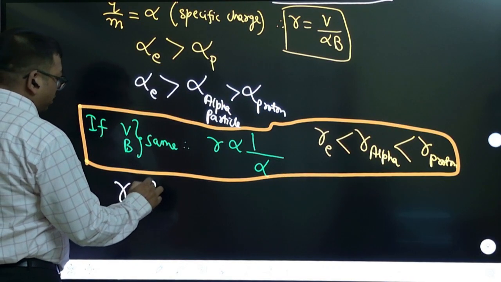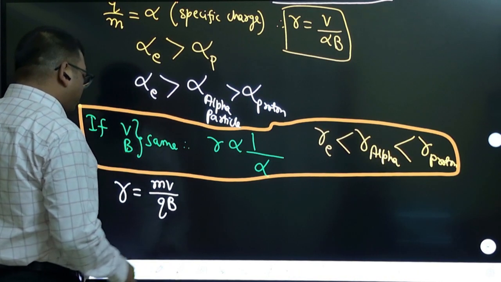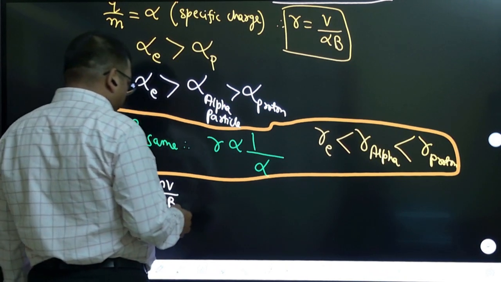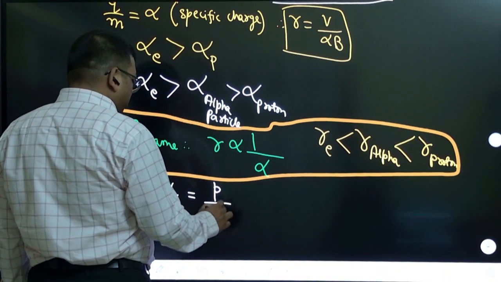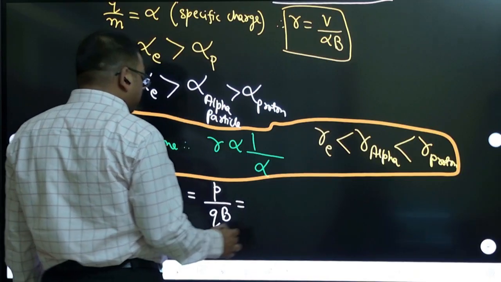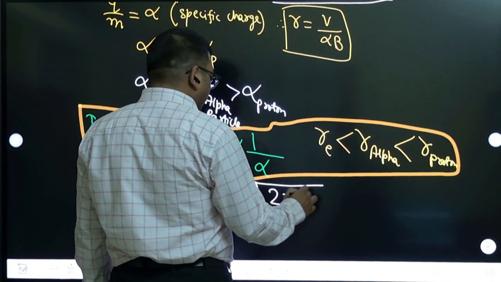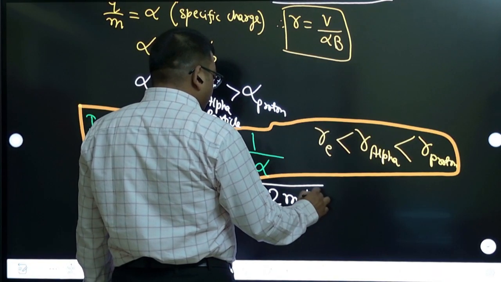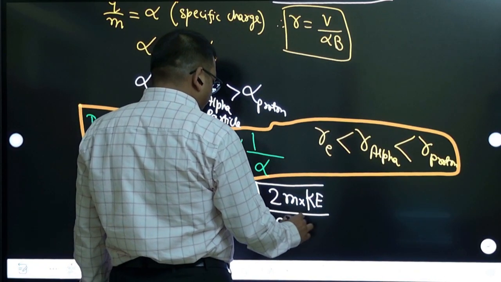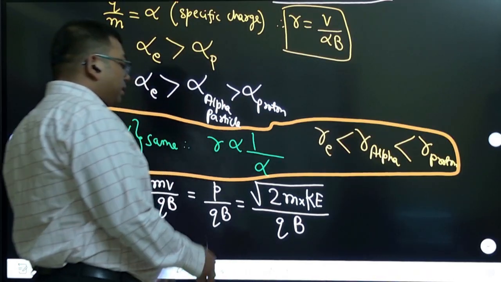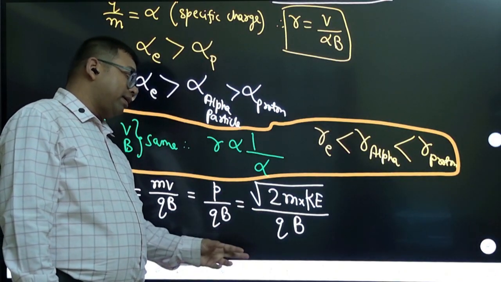Radius is mv by qB, and we can write this as momentum over charge into B. Momentum can be written as root under 2 times mass into kinetic energy, divided by charge into B. Now if the kinetic energies are the same, then also we can compare.